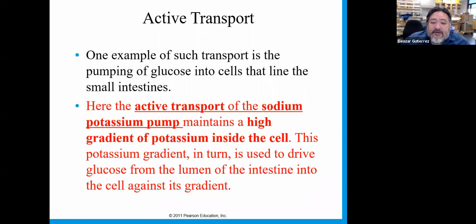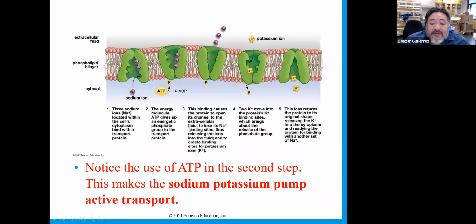Let's go to the picture first. So here's the outside and the inside of the cell is important. So this is the outside of the cell. This is the inside of the cell. And here we're going to start with this conformation or this shape of the sodium potassium pump, where 3 sodiums associate with the pump.